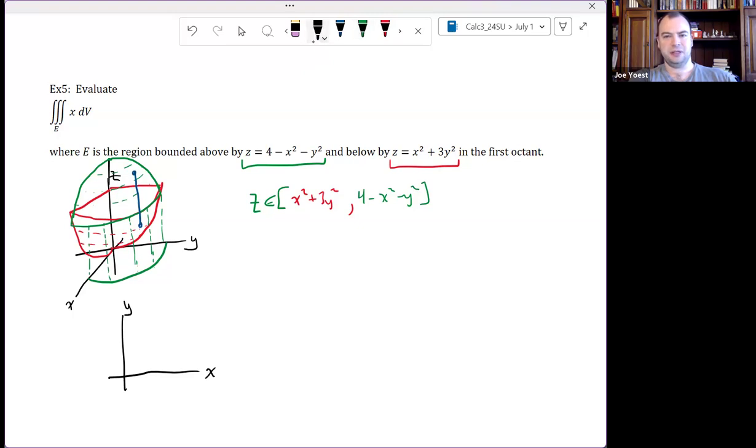And now I'm going to lean on the algebra. I've gotten the geometric understanding. What does the algebra say? Well, I set the z's equal to one another. I can just add x squared and y squared to the other side.